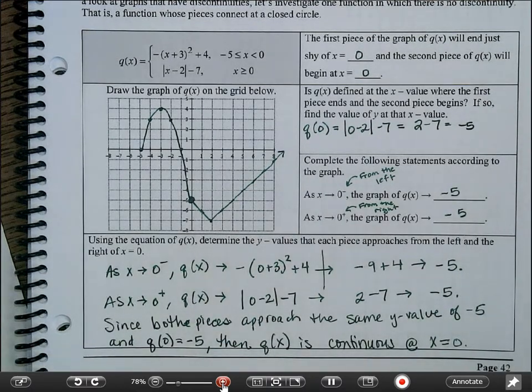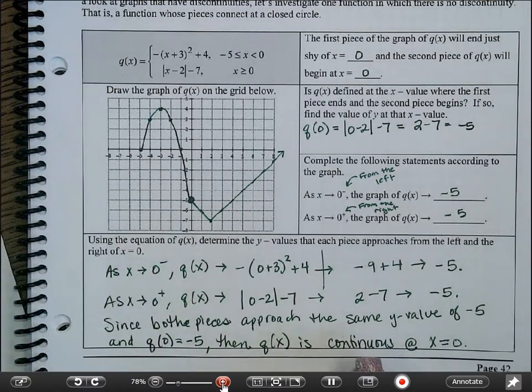All right, so we're going to talk about continuity.